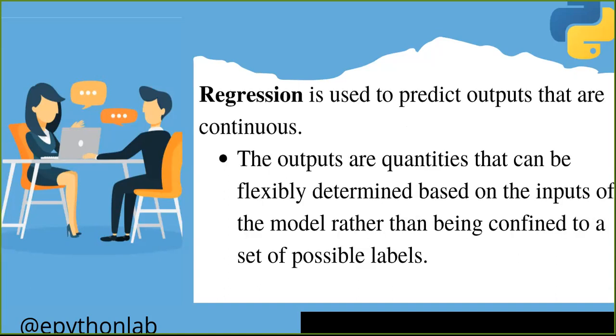So regression is used to predict outputs that are continuous variables. Only regression algorithms can predict continuous variables. The outputs are quantities that can be flexibly determined based on the inputs of the model rather than being confined to a set of possible levels.